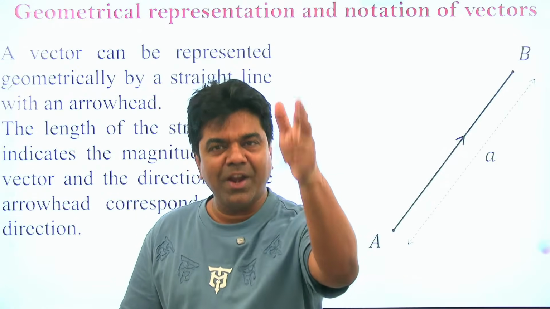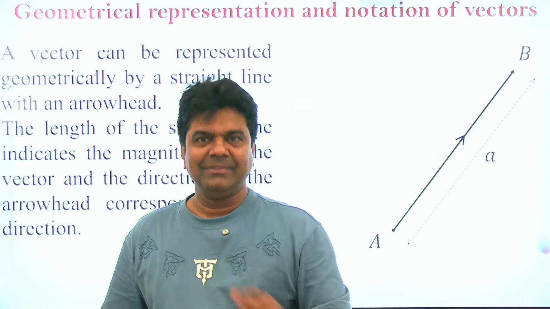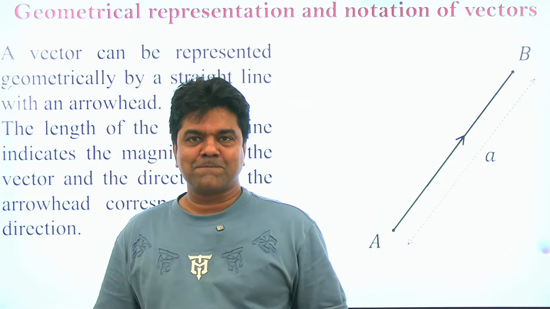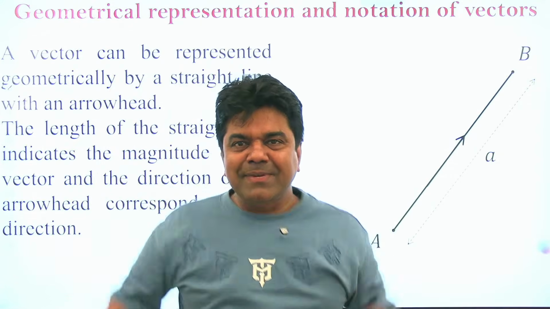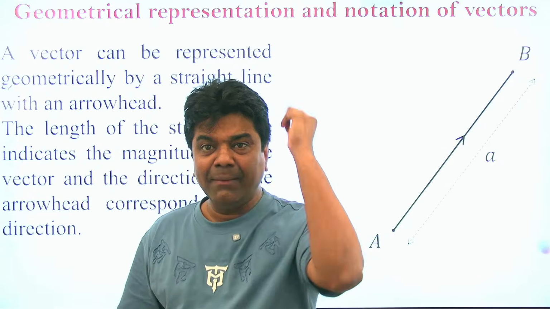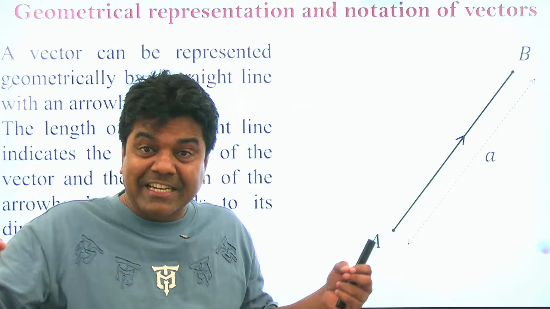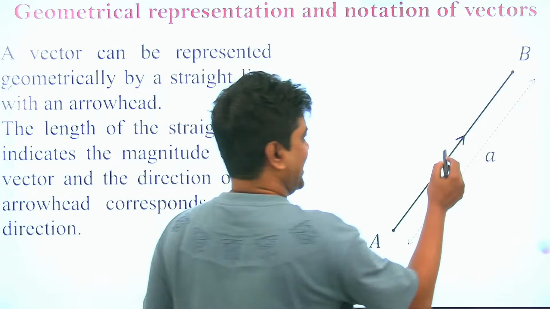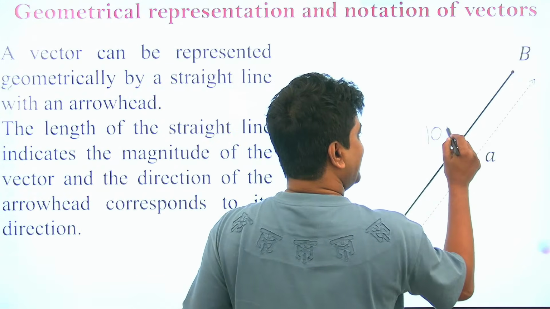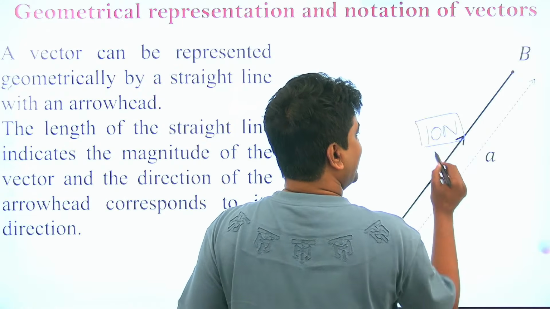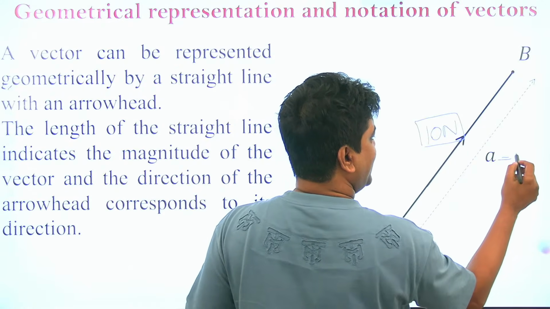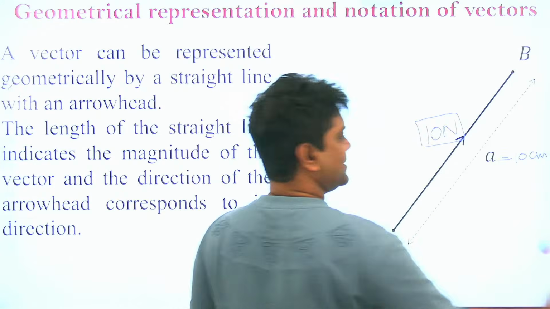So we take 1 Newton as 1 centimeter. You draw a 10 centimeter line and label it, for example, 10 Newton. We label it as 10, but this length should be 10 centimeters.